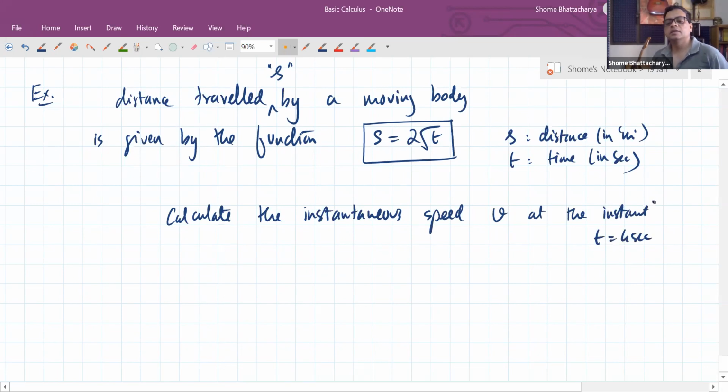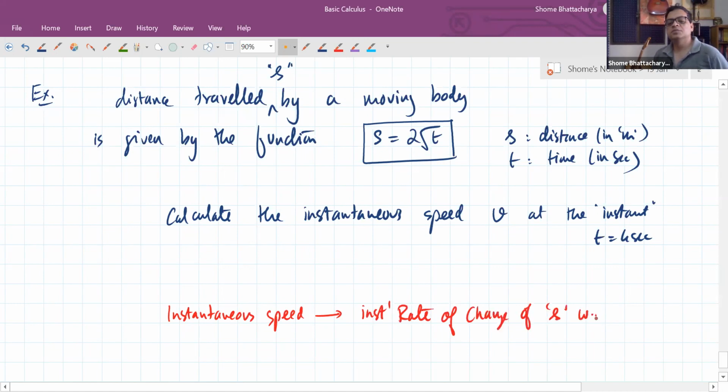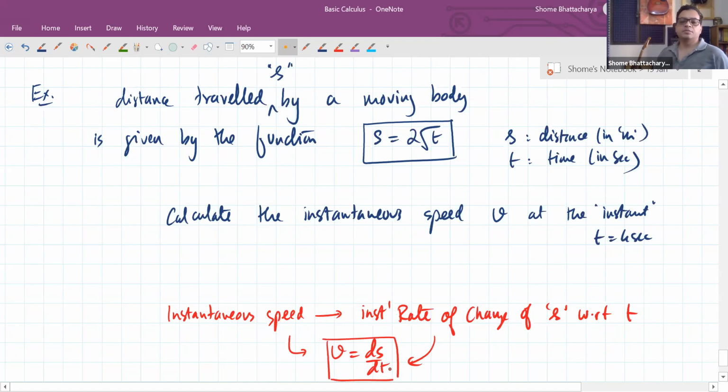The concept that we'll be using here is that the instantaneous speed is defined as the instantaneous rate of change of distance covered with respect to time. So as a formula, the instantaneous speed should be the derivative of s with respect to time.